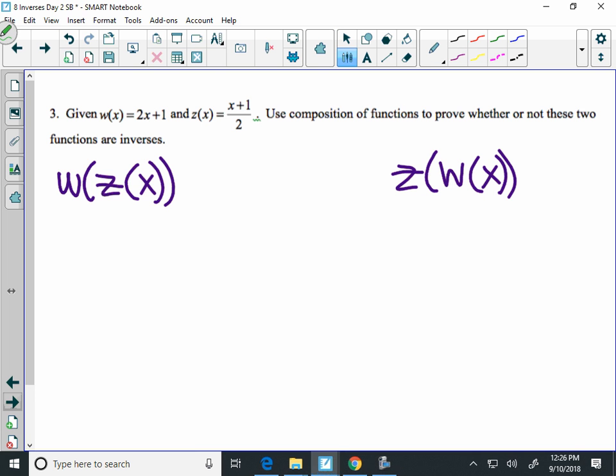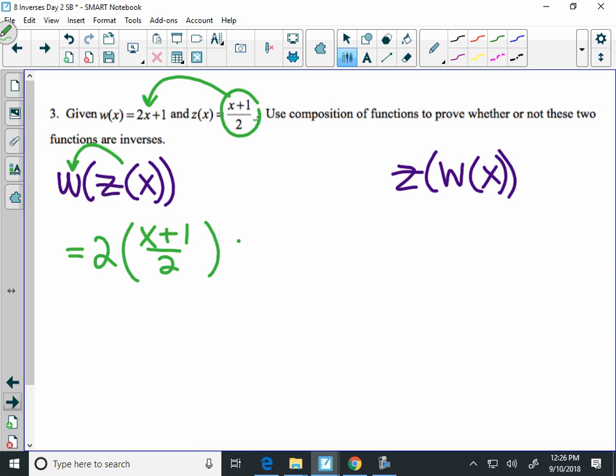So let's review this composition as well. Let's start with the first one. We're going to take z and put it into w for x. So I will start here with 2. Now instead of x, you're going to put your x plus 1 over 2, and then tack your 1 on the end.